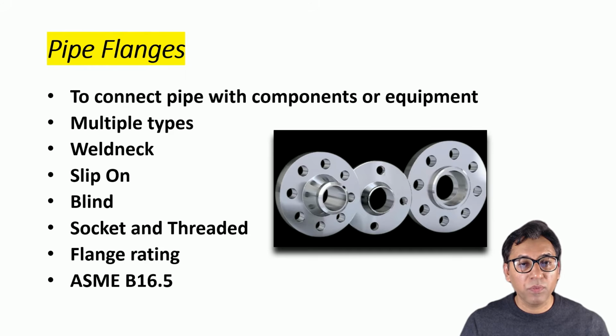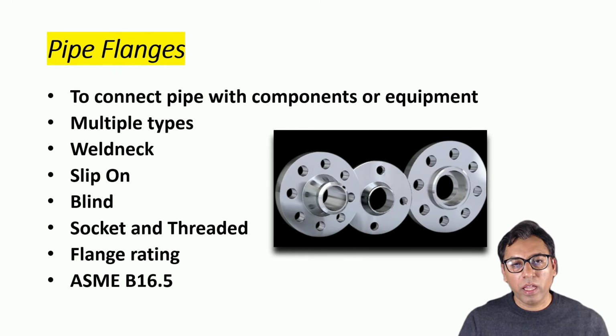There are different types of flanges, and some examples are weld neck, slip-on, blind, socket weld, and threaded. There are different classifications of flanges based on pressure and temperature in material, which we call flange rating. ASME B16.5 is the most common standard used for flange manufacturing.